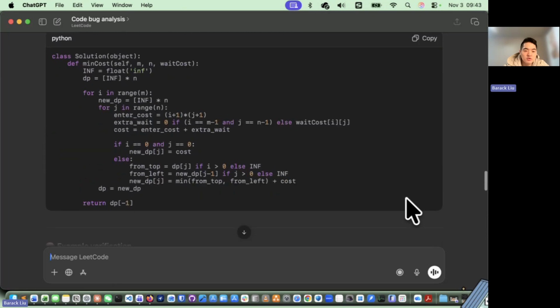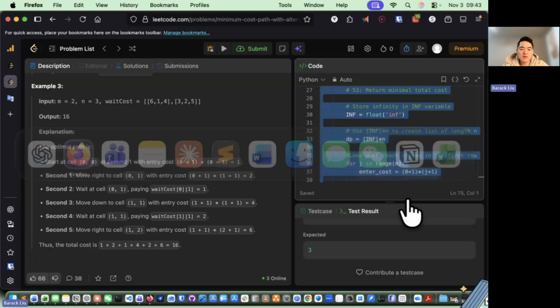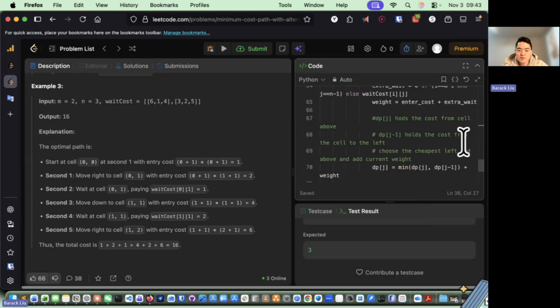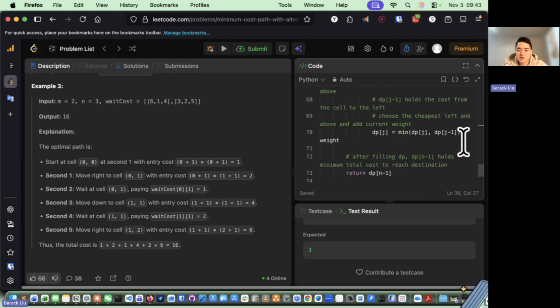So I guess the main issue looks like the issue is dp[j].